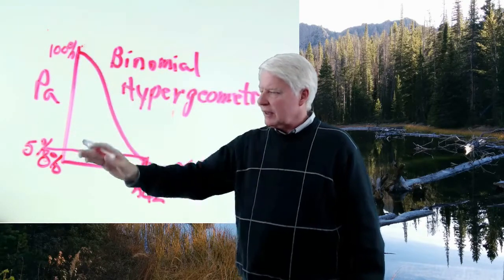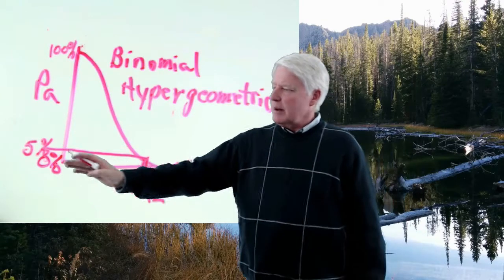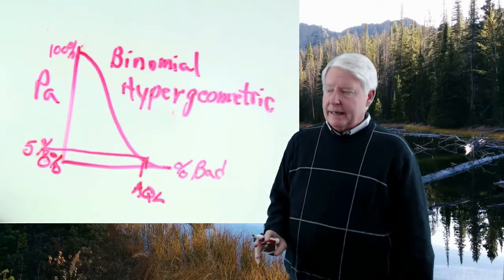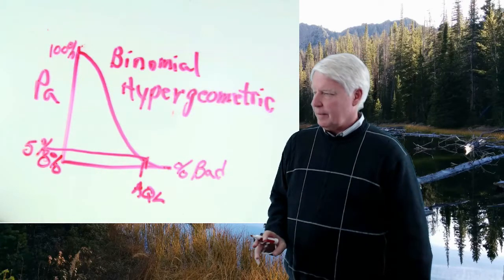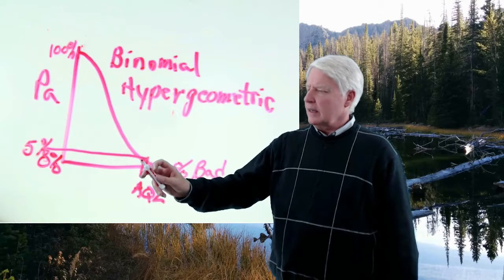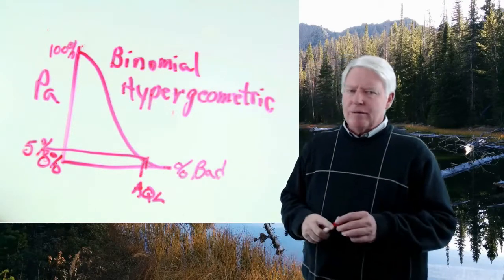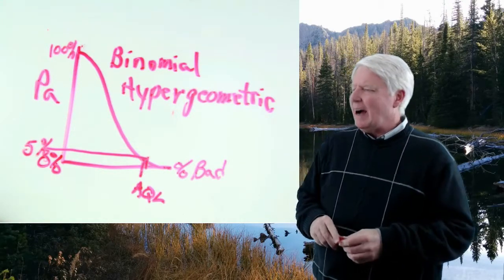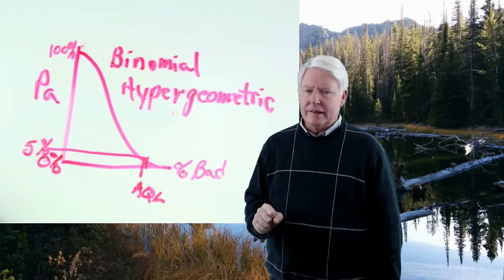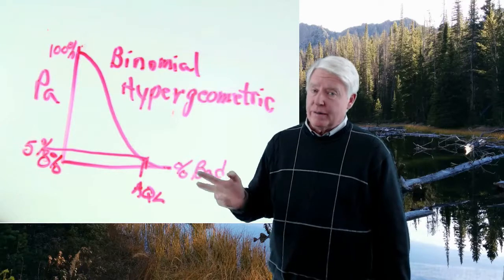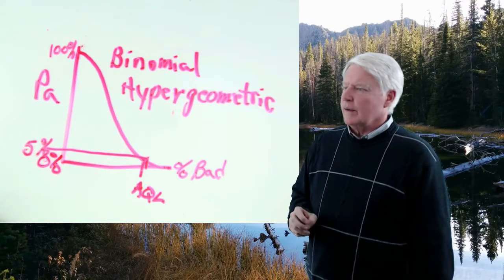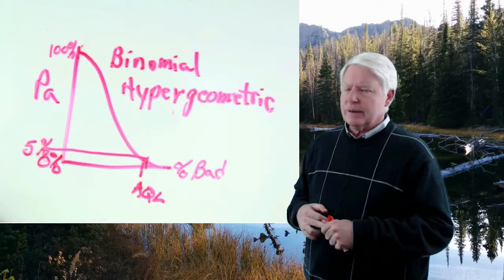So this is probability of acceptance, this is percent bad parts, and of course your AQL fits in there somewhere depending on what your AQL is. On average you're right around high 80, 90% that you will make the right decision. So these sampling plans are not perfect, but they're used all the time, and it's better than doing nothing.